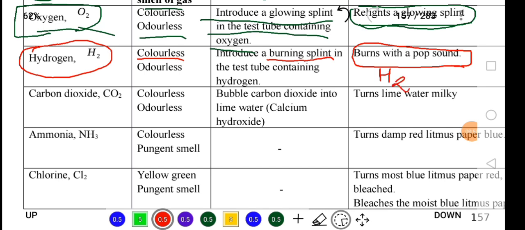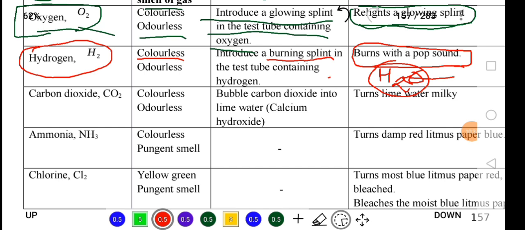When this substance is formed, we expect the burning splint to stop burning because what we have produced does not support burning. Hydrogen itself is a fuel, only that when it is burning, it burns with a pop sound. And at that point where water is going to be produced, we expect the flame to go off or to be put out because water vapor which has been produced does not support burning.